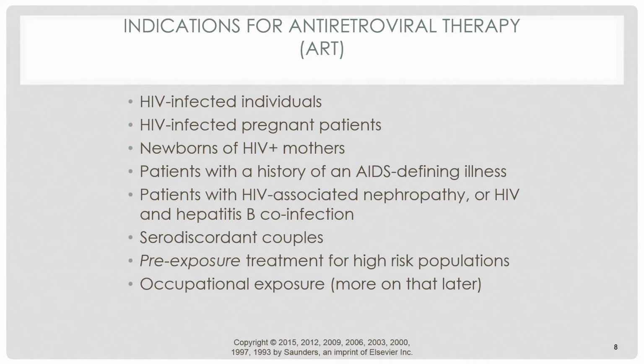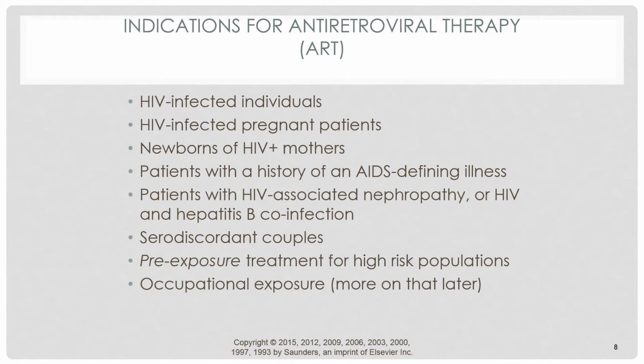We don't want this to spread. We want to win the battle against HIV. So, in some cases, the other person is given a dose of ART, like a prophylactic dose, to keep them from seroconverting themselves. Okay. Pre-exposure treatment for high-risk populations.